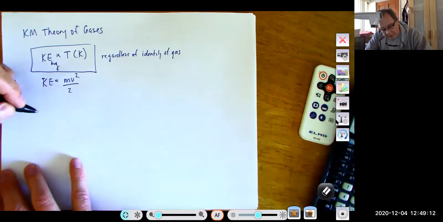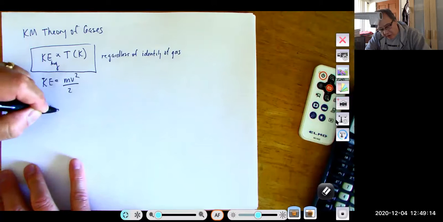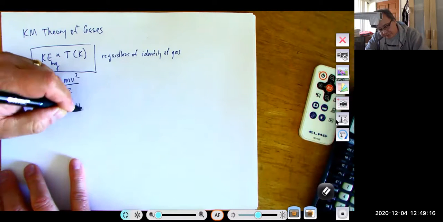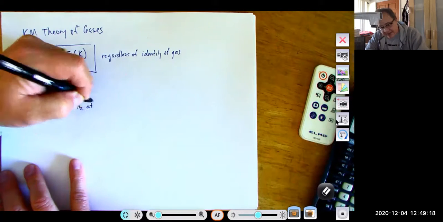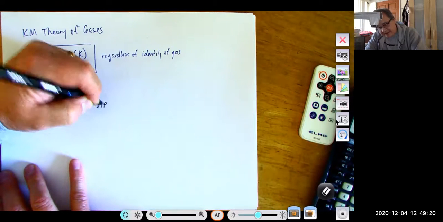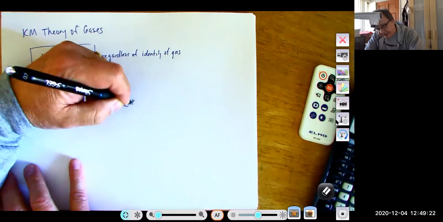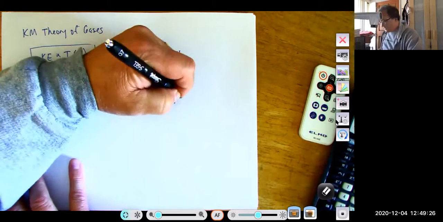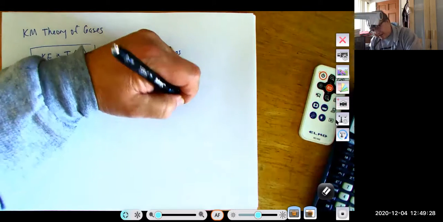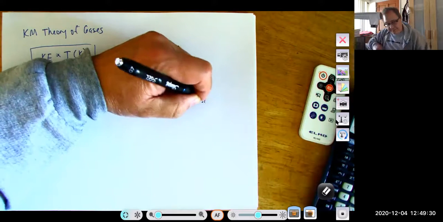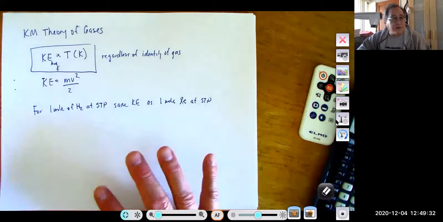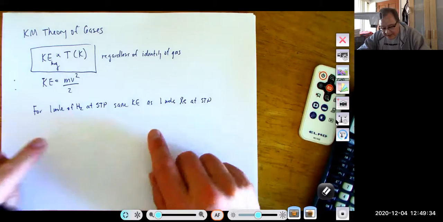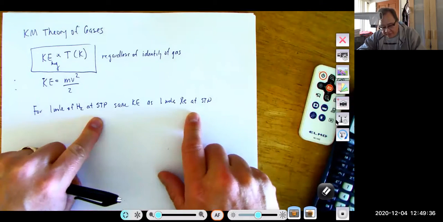So for 1 mole of H2 at STP, it's got the same kinetic energy as 1 mole of xenon at STP. Now, why is this remarkable? Why is it the same kinetic energy for both of these?